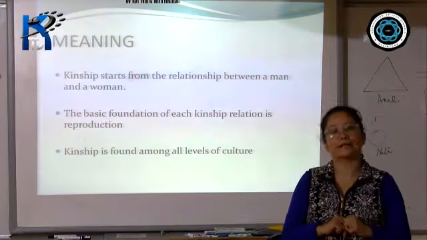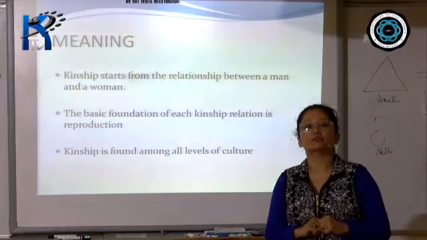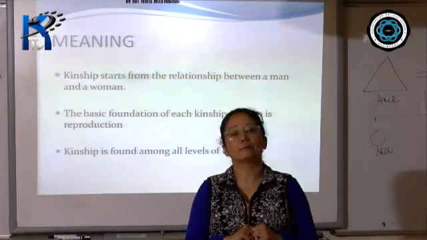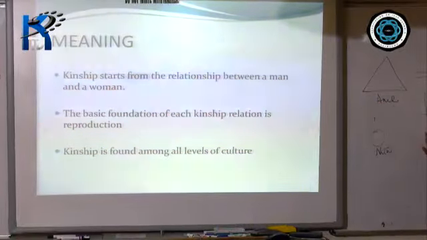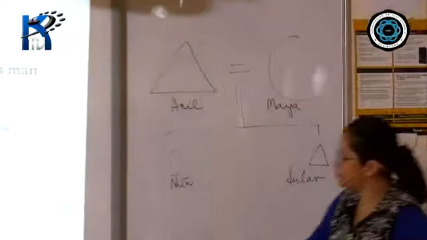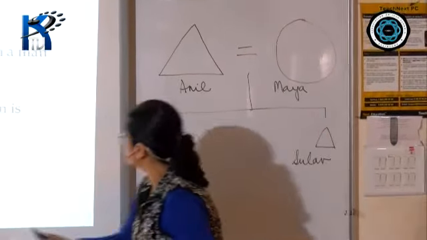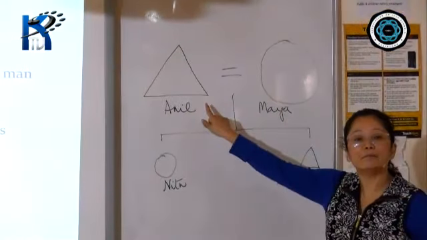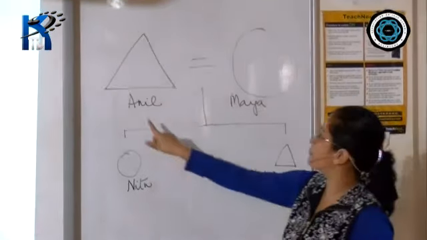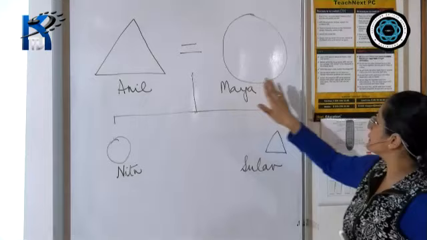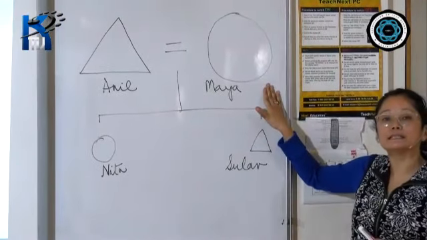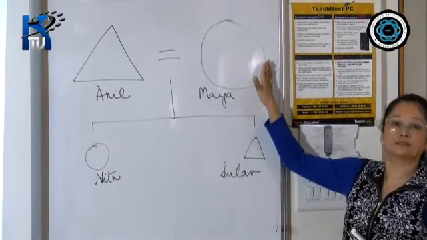concept of kinship. Kinship can also have a diagrammatic representation. So let me draw your attention towards this diagram. Here, let me explain to you. A male member is always represented in the form of a triangle, and a female will be represented in the form of a circle.